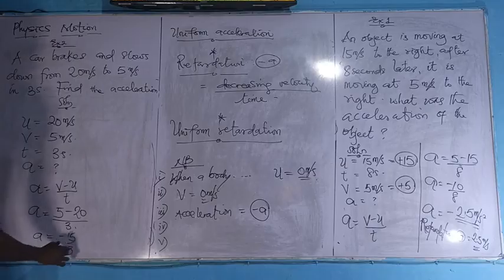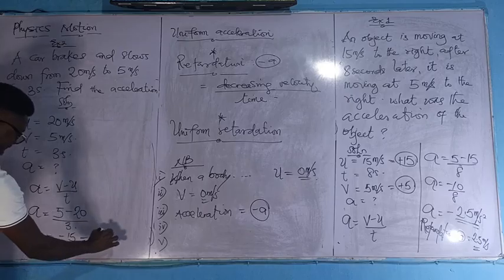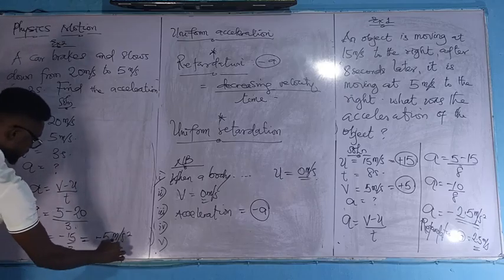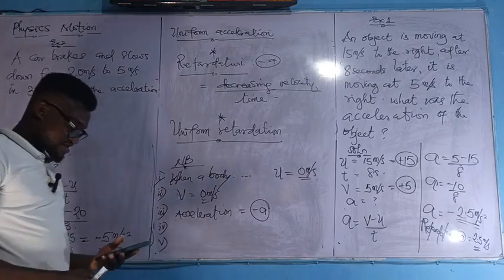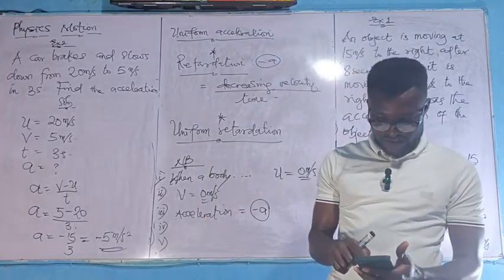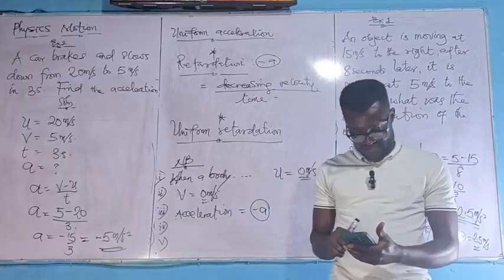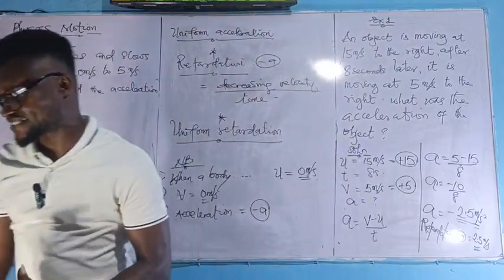Minus 15 divided by 3 gives minus 5 meter per second squared. And that gives what? Negative acceleration. Hence we term it what? Retardation. Are we there? So let's take another exercise.